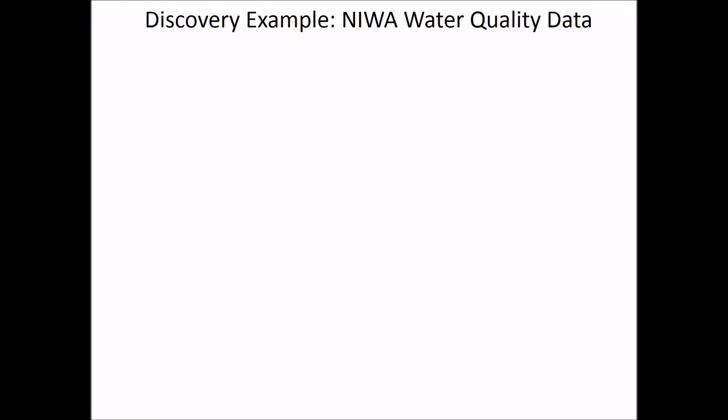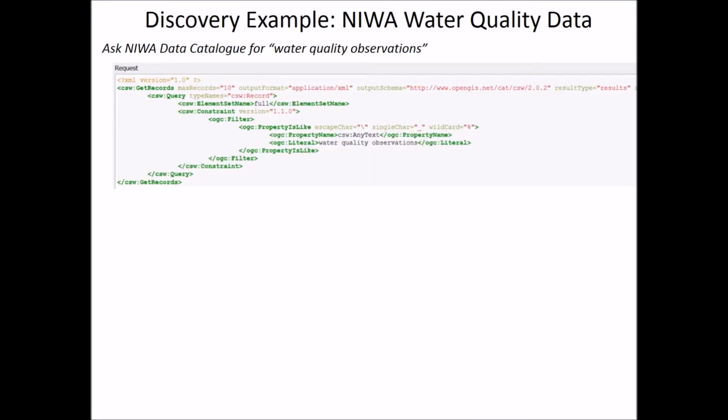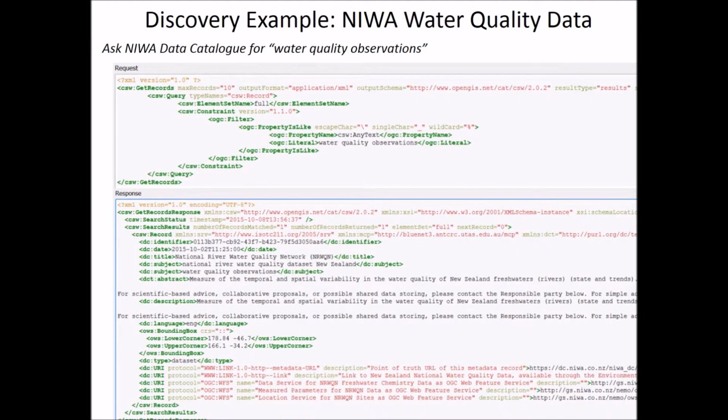And I will use the NIWA Water Quality Data Services to explore that. For discovery, NIWA provides the NIWA data catalog, which is queryable in a standard communication protocol called Catalog Services for the Web. In this case, I constructed a query for water quality observations, which looks like this. And I get a response, which looks like this.